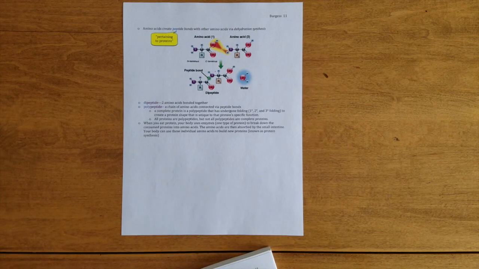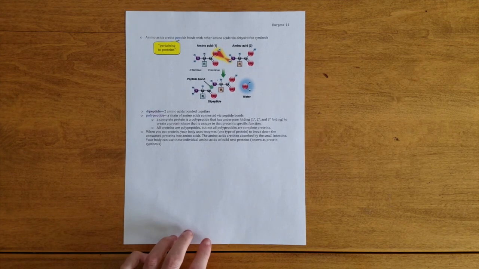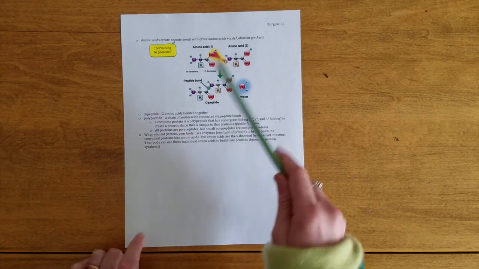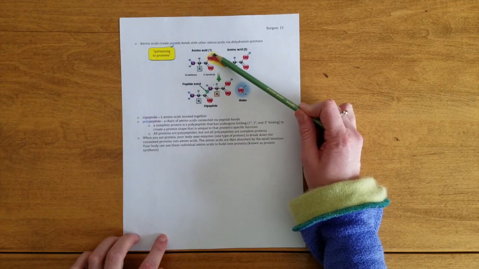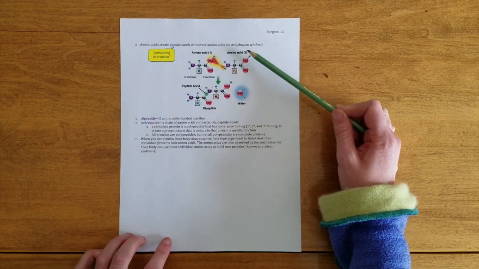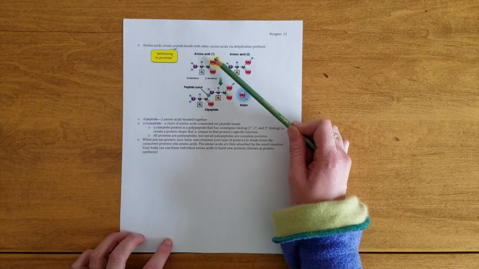So amino acids are joined together into big long chains via what's called peptide bonds. Peptide bonds are created via dehydration synthesis. So this image is showing you, here goes a hydroxyl group from one amino acid, here's a totally different amino acid who's going to give up a hydrogen, H2O.